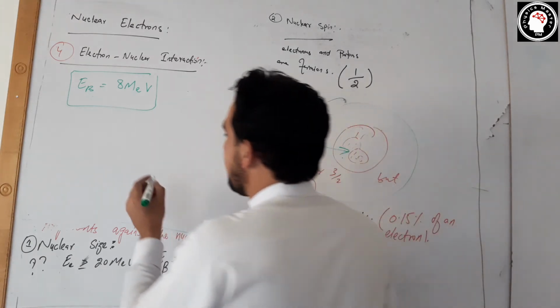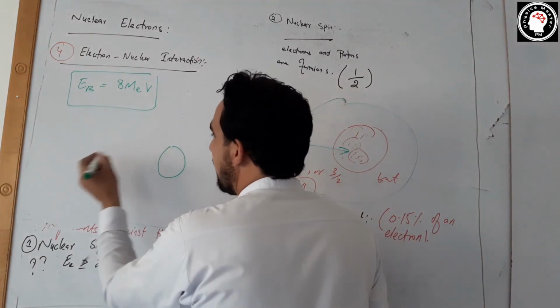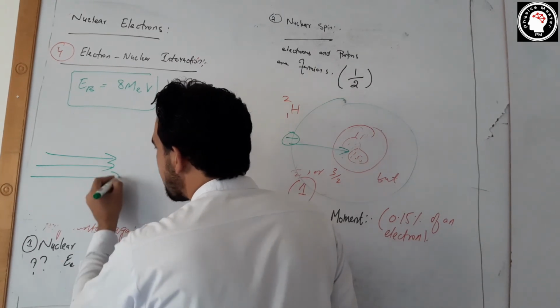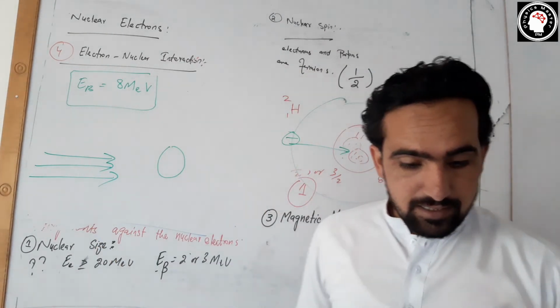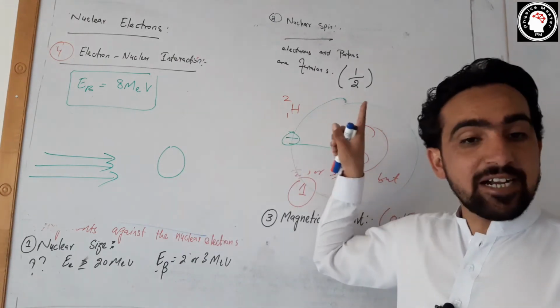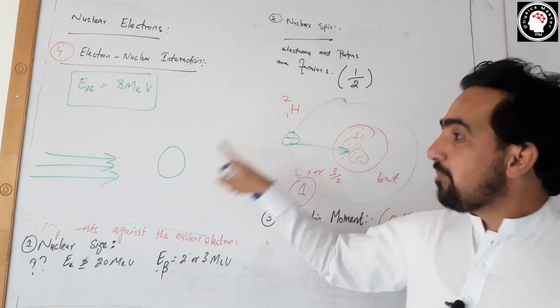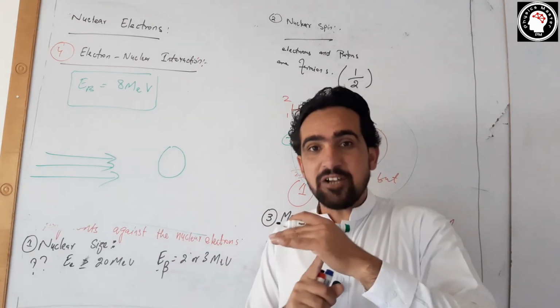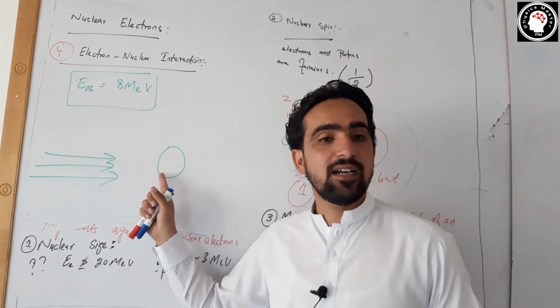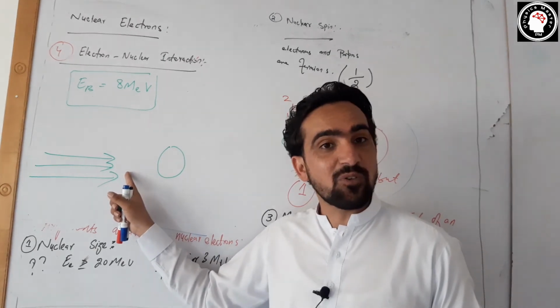Another thing: if you have a nucleus here and you send a stream of fast moving electrons toward it, they will scatter off the nucleus, but the whole scattering process could be explained with the help of electric forces.